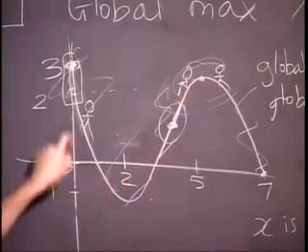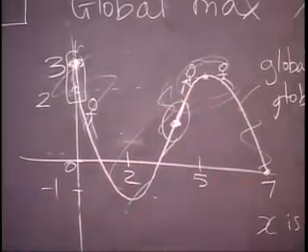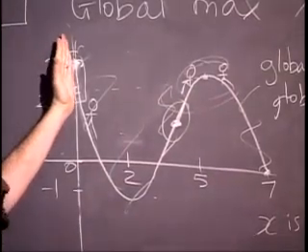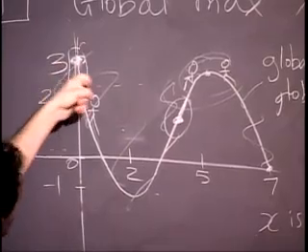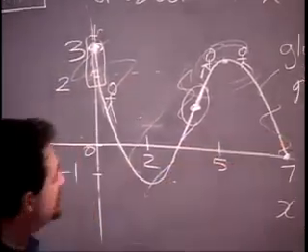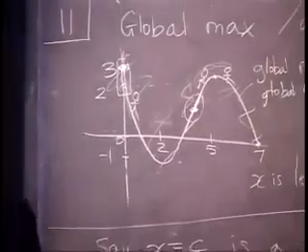So what about 0 and 7? Those are endpoints. The derivative actually doesn't exist there either, so they're sort of critical points. You have a left-hand derivative, a right-hand derivative there and a left-hand derivative here. But I don't know whether to call them critical points or not.